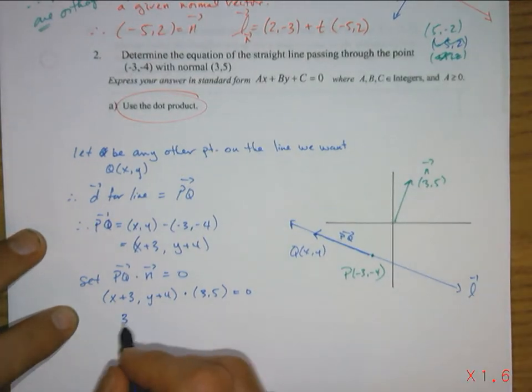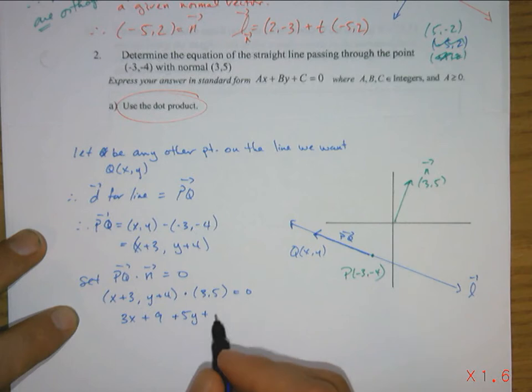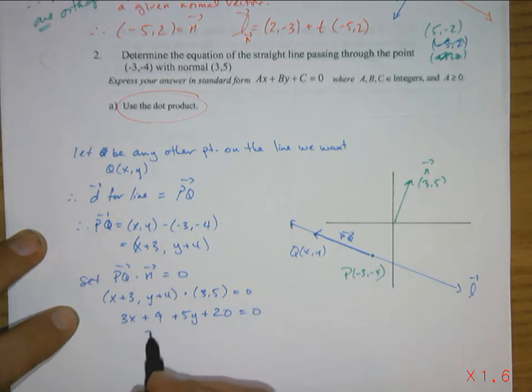So this is going to be 3x + 9 + 5y + 20 equals 0. So now anything that satisfies this works. Anything at all.